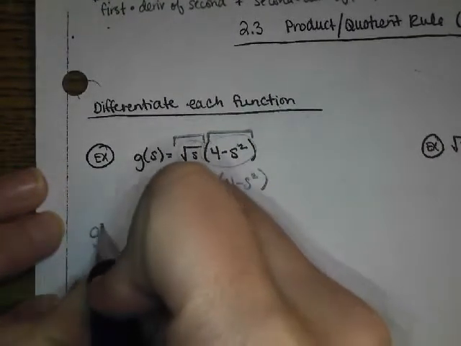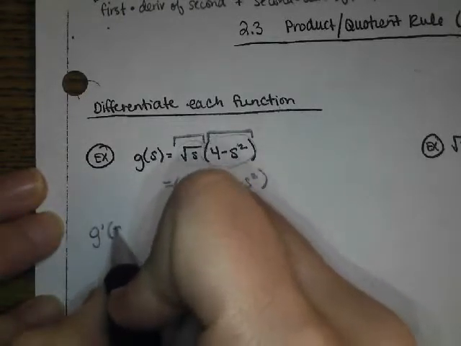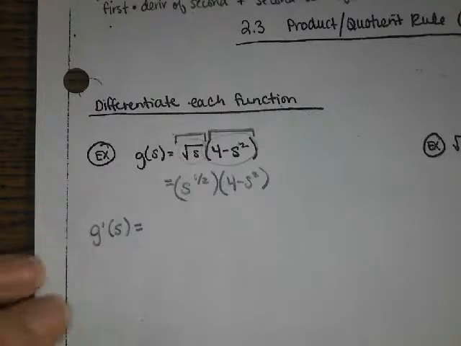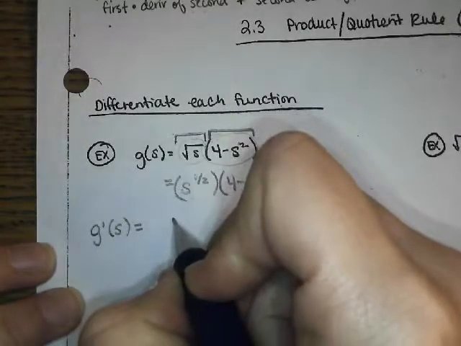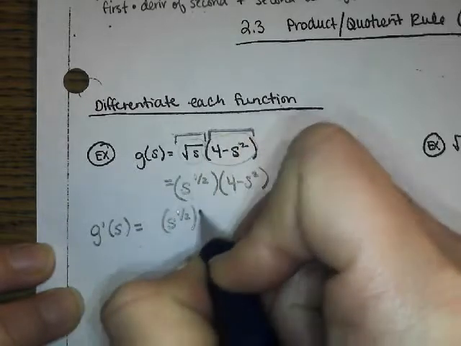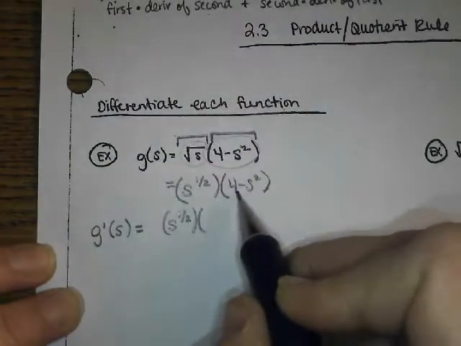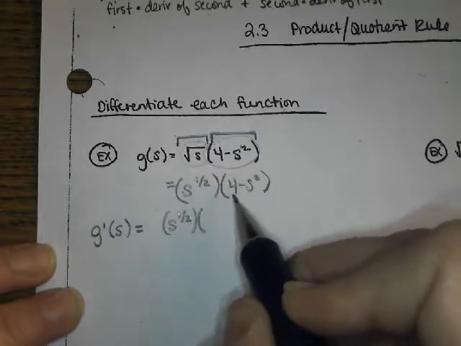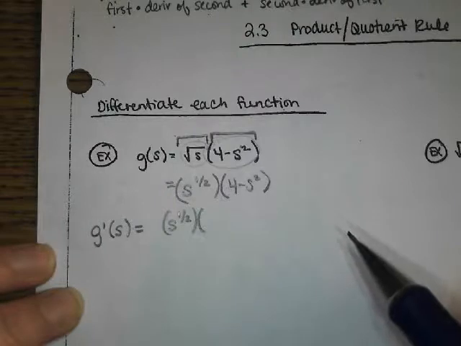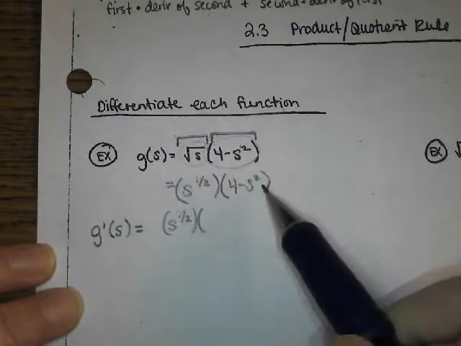So now, applying the product rule, g prime of s is going to equal the first times the derivative of the second. What is the derivative of this piece? Paul.